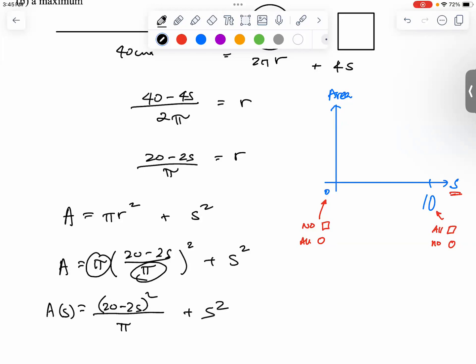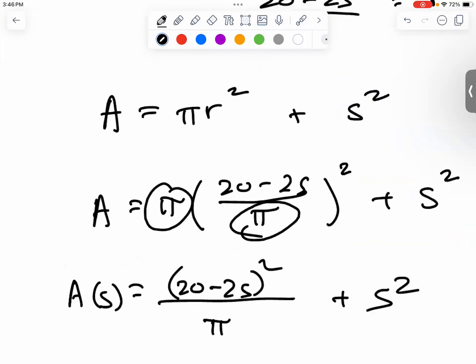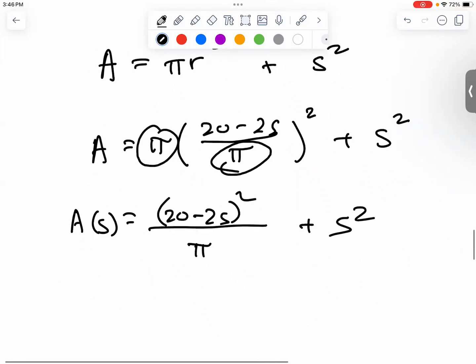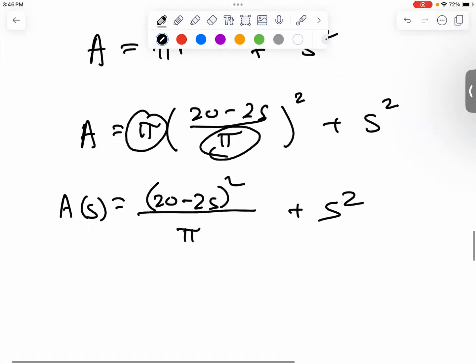So the area equation would be something like this. So far, so good? Now I could multiply out the (20 minus 2s) squared, but I think it's okay to just leave it like this, and then we can just do the chain rule afterwards.